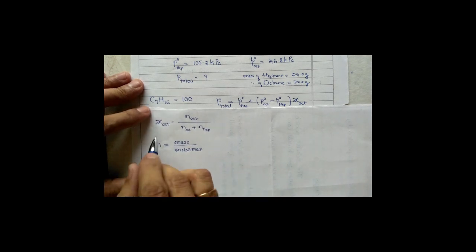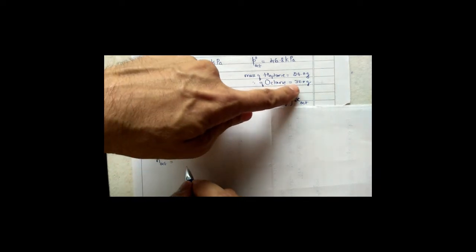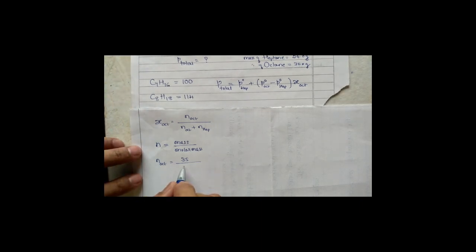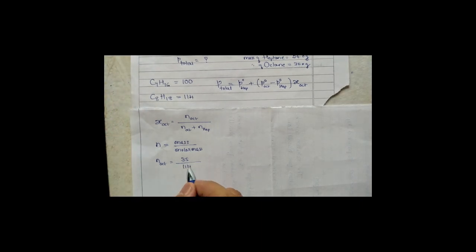Therefore, the number of moles of octane equals the mass, which is given as 35 gram of octane, divided by the molar mass of octane, 114.